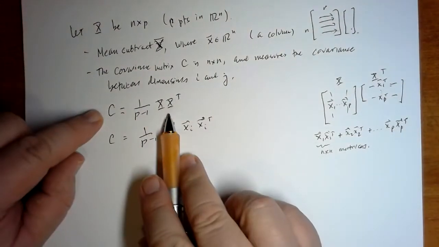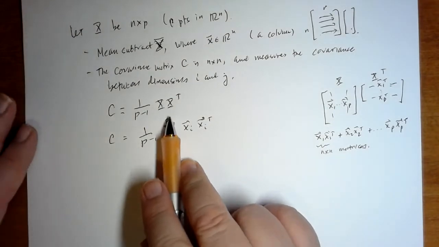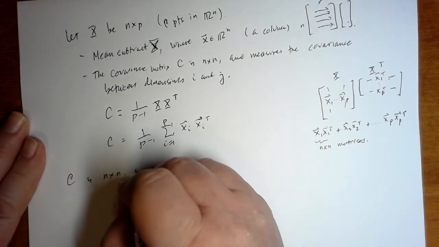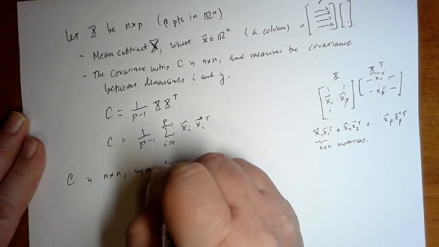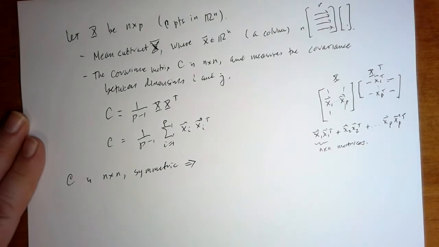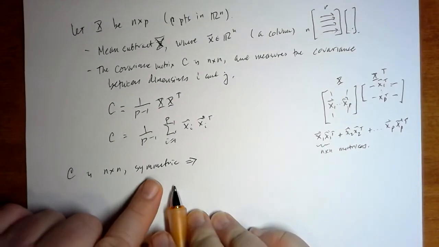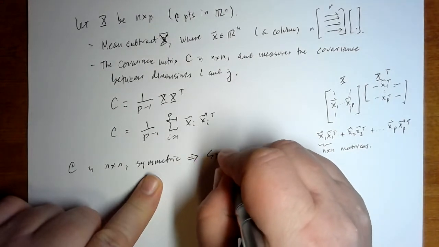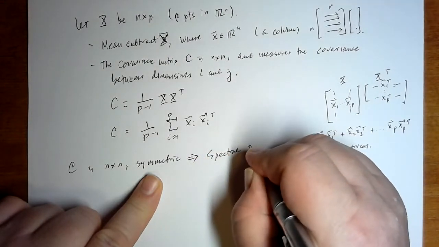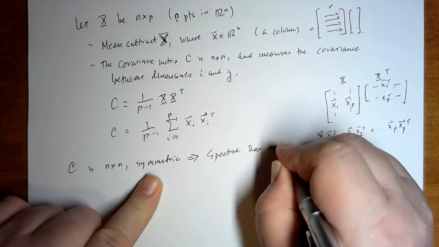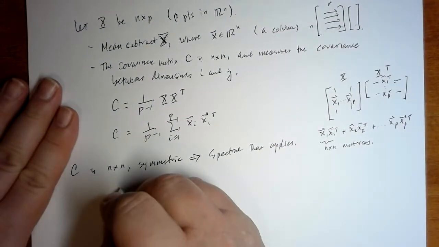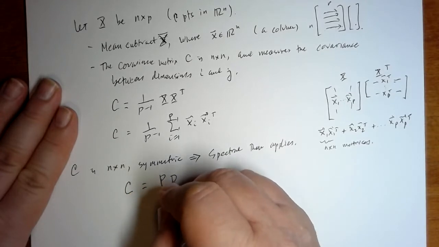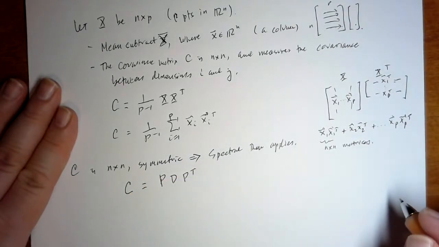Looking at this definition of the covariance matrix, C is n by n and symmetric. So therefore, what nice theorem applies to symmetric matrices? The spectral theorem. Therefore, we can write C as P times D times P transpose.